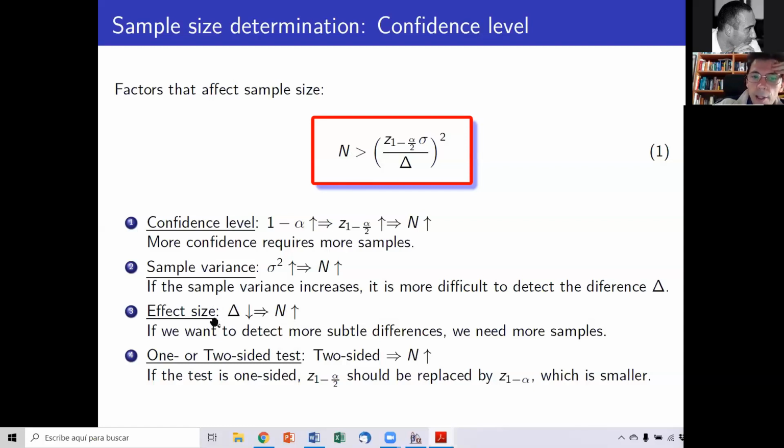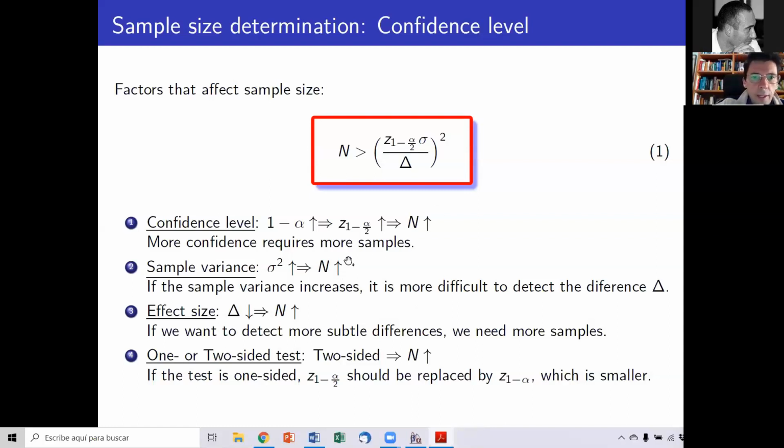And then comes the sensitivity. The sensitivity is how sensitive you want to be. If you want to detect changes of 0.5 milligrams, you need 16 samples. If you want to detect changes of 0.05 milligrams, you need many more samples.